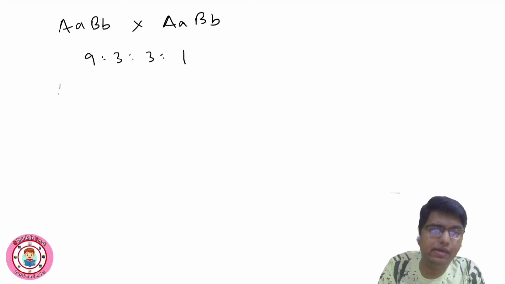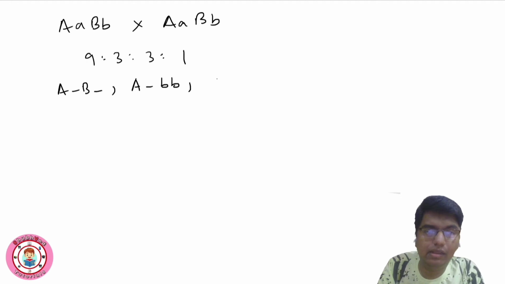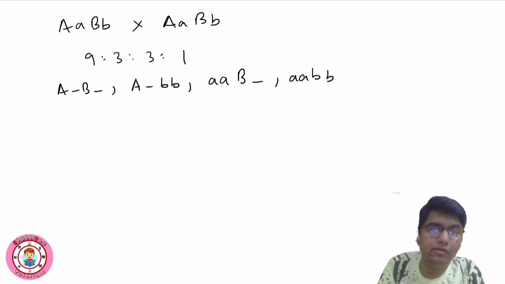And we can write here A dash B dash 9, then A dash bb, then aa B dash, and aabb. Got it? These are the four genotypes we get.